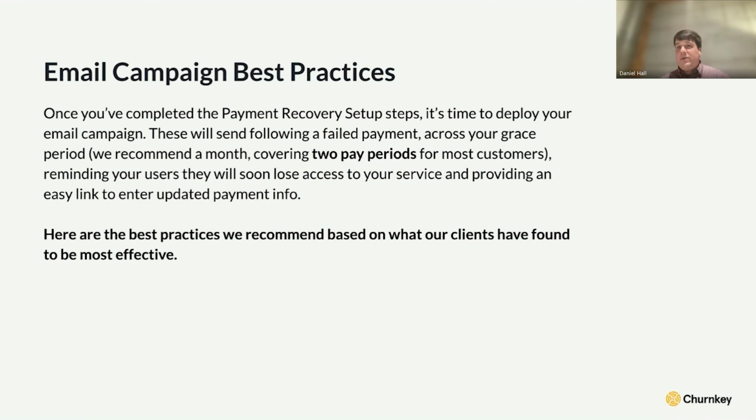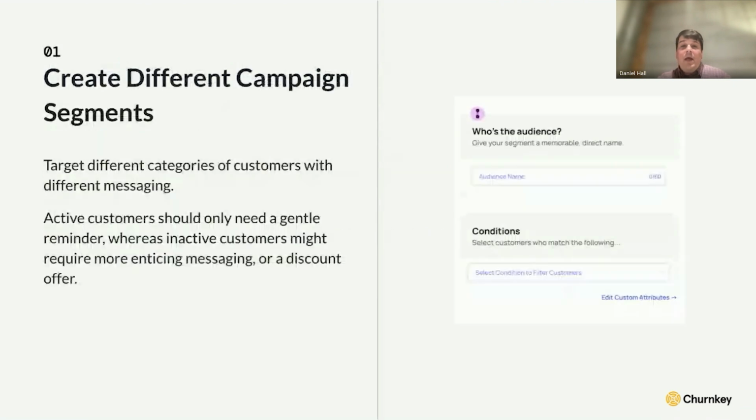I'll jump on calls with many of you or other customers, and we'll take a look at the dunning campaign, and it's pretty much just one campaign for everybody. But you really have the opportunity to customize and leverage segmentation effectively to bring in that failed payment, increase your ROI and increase that conversion from involuntary churn to actually a saved customer much more effectively.